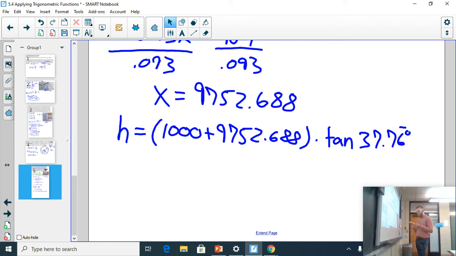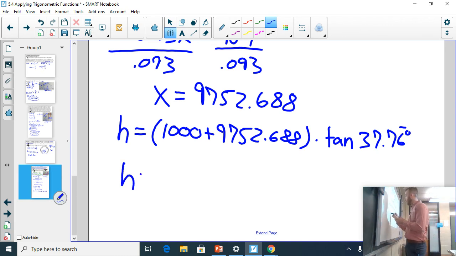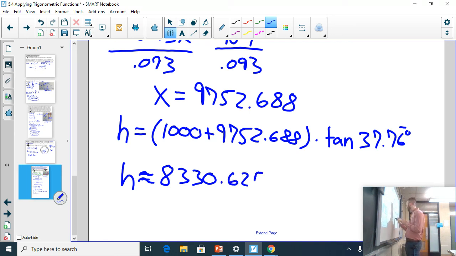So we add 1,000, and then we multiply that by tangent of 37.767, and we should come out with the height of the mountain is about, because we approximated, 8,330.625, and then we were in feet.